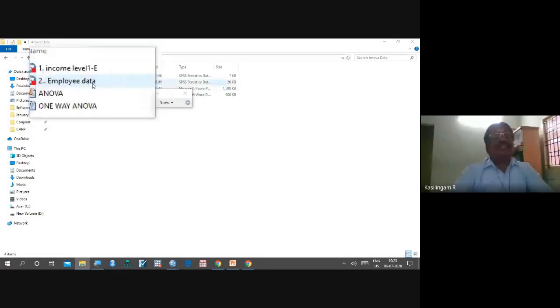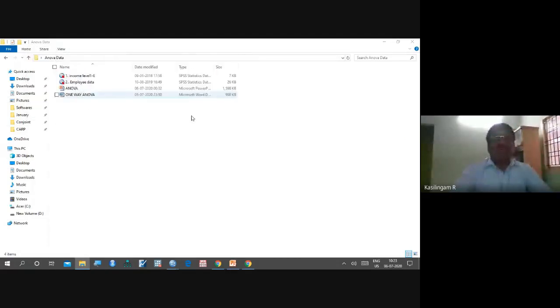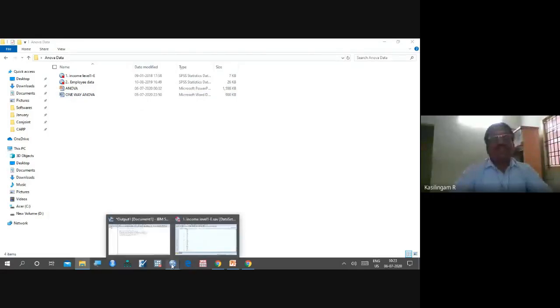The first is income level. That is what I am going to use now. Okay. So now I have selected that income level.